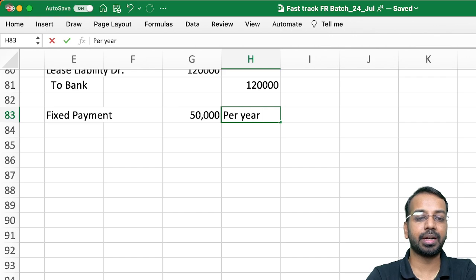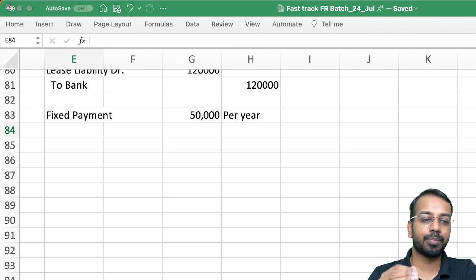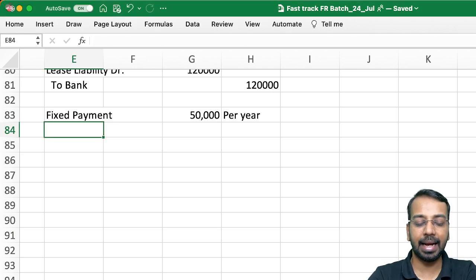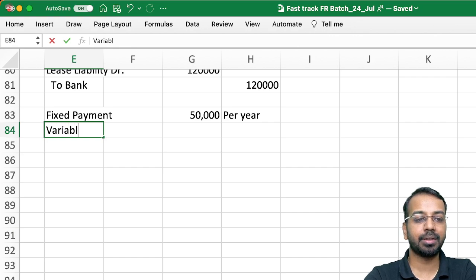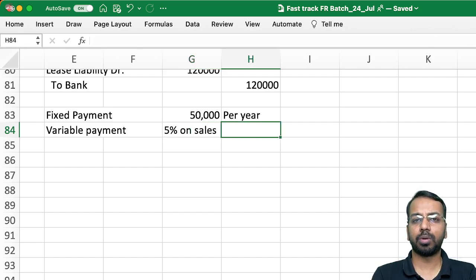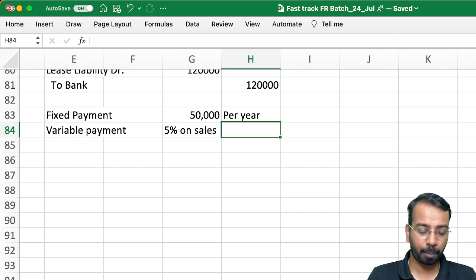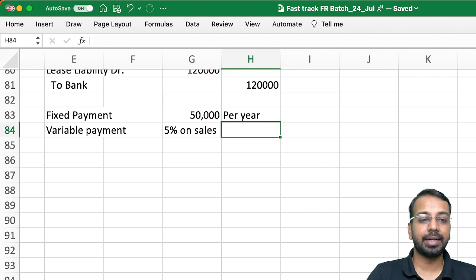I am using per year on purpose because in examination most of the questions will be on a yearly basis, right? So the fixed payment per year is 50,000, and there is a variable payment which is, let us say, 5% on sales. So the mall owner said whatever sales you make, out of that 5% you pay us. Now, is this 5% determined?